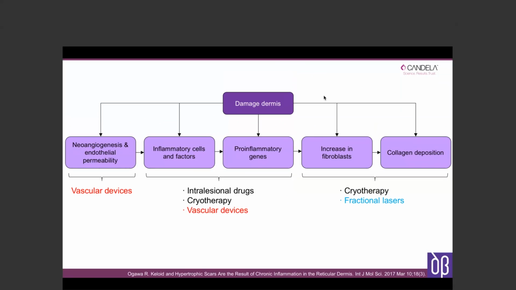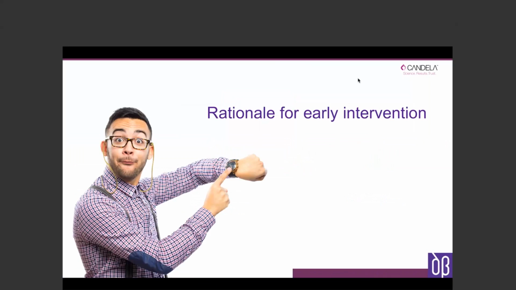We can also use intralesional drugs, cryotherapy, and fractional lasers. These are the main weapons that we have in the first 3 weeks of the scar tissue. We're going to discuss it in a more zoomed-in approach. This is the rationale for early intervention.